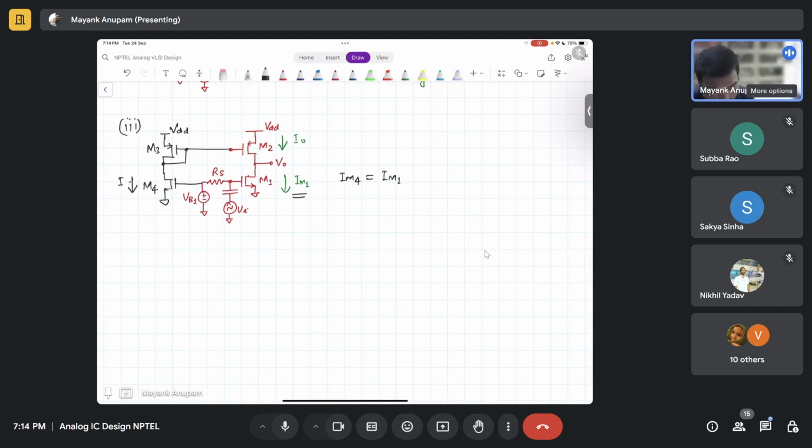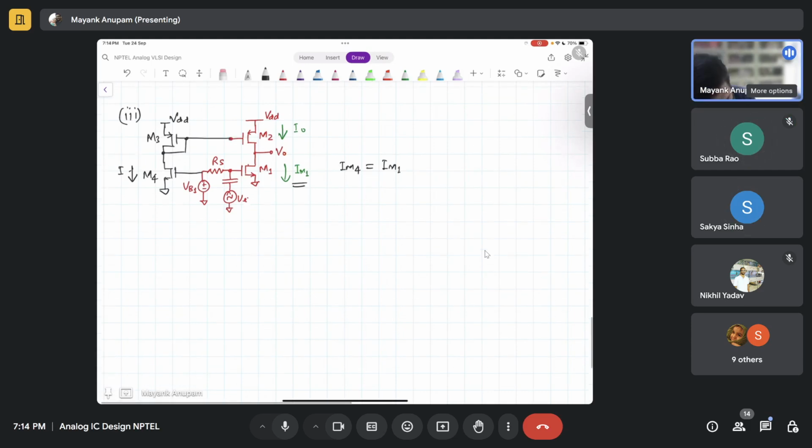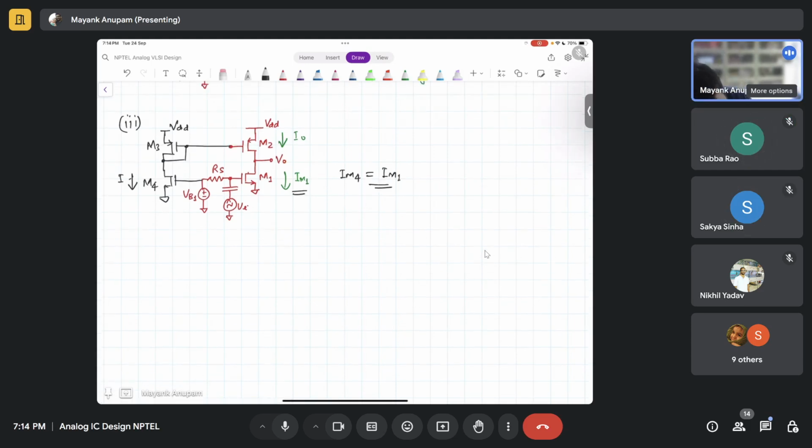I mean, if channel length modulation is not present anywhere, is this going to happen or not? IM4 has to be equal to IM1. Is that correct or not? Yes, correct. And because of this, if IM4 is equal to IM1, and IM4 is the current that is going to flow through here, so how much is the current that is going to flow through here?